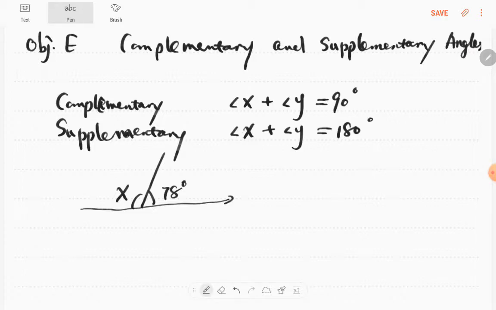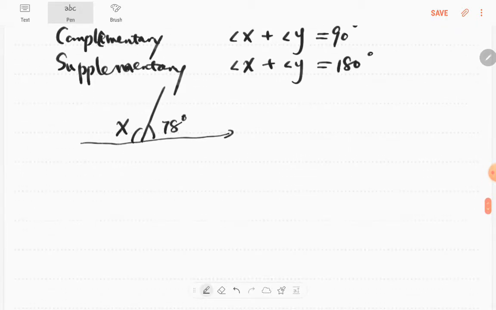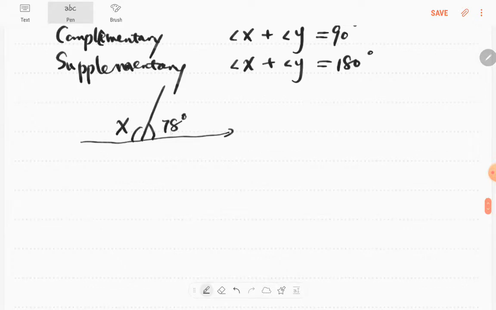From this graph, we can find angle X and the second angle, they are supplementary angles, right? So how can we find the measure of X? We only need to use 180 minus 78. We can get 102 degrees. Because from the picture, we know these two angles are supplementary.